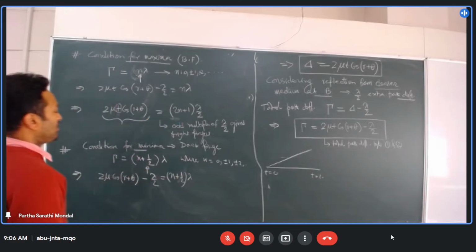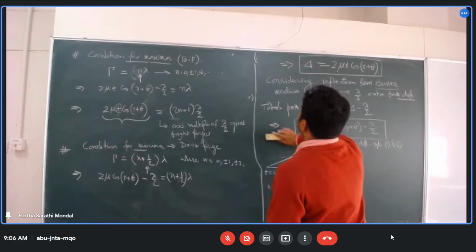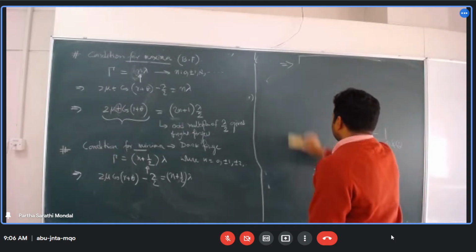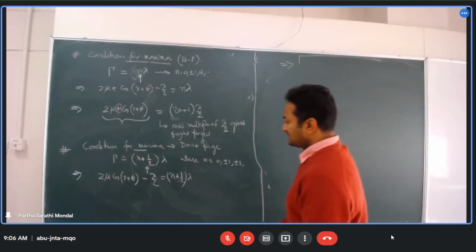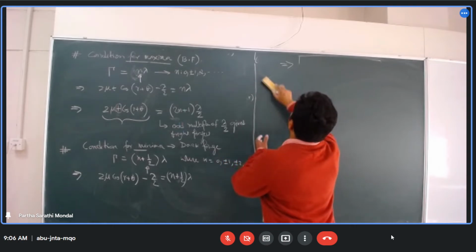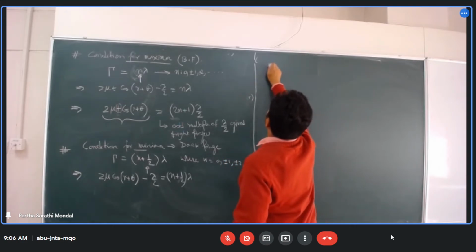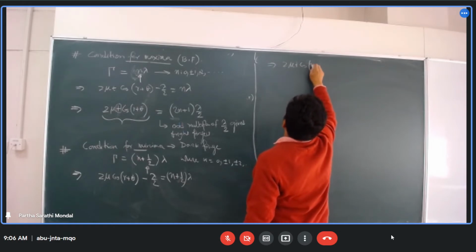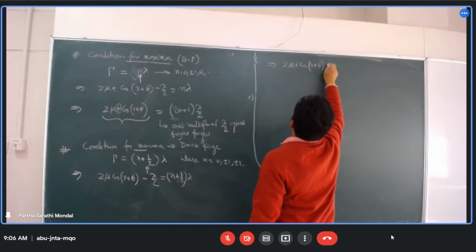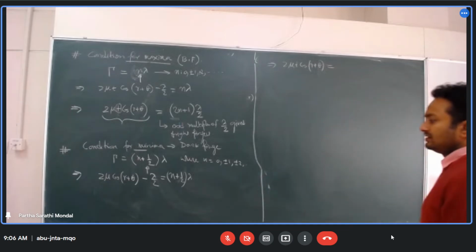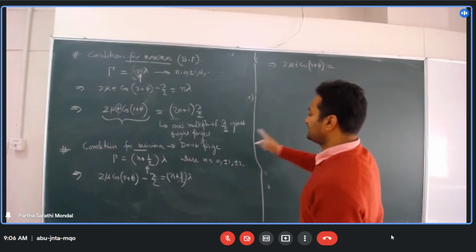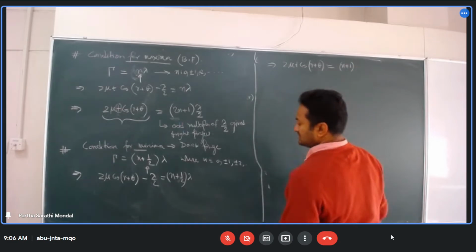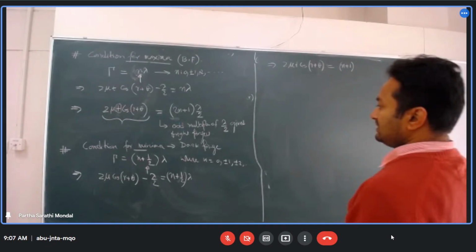Now if I take lambda by 2 to the right side, 2 mu t cos(r plus theta) will become (n plus 1) lambda.